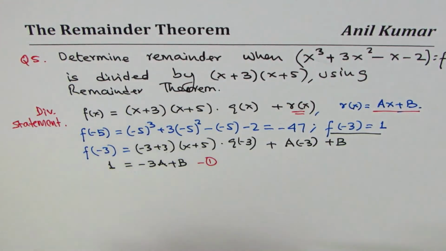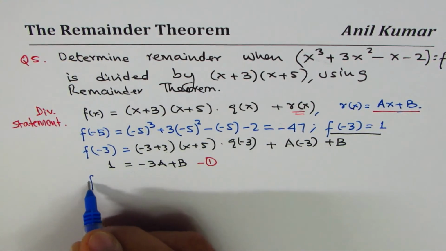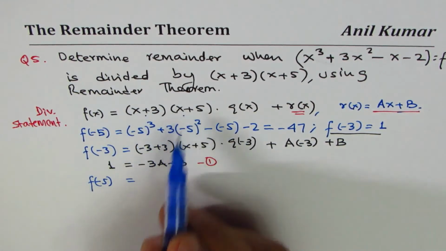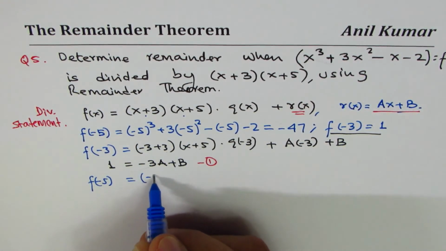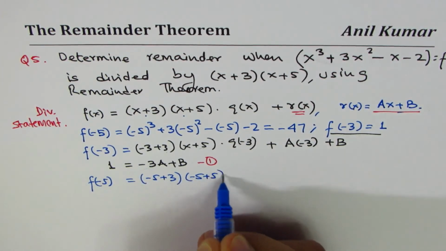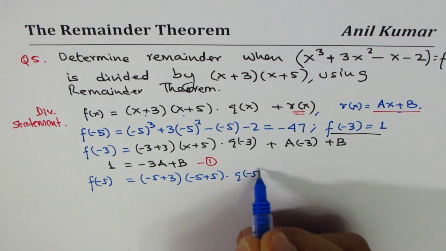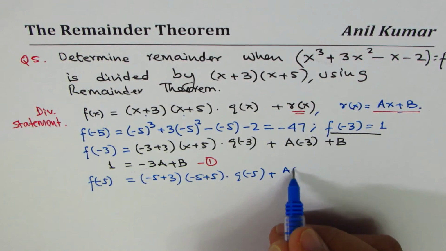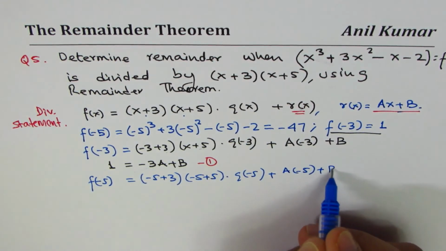Similarly, we can find f of minus 5. Minus 5 is substituted in this. What do we get? We get minus 5 plus 3 times minus 5 plus 5 times quotient of minus 5, plus remainder a times minus 5 plus b.